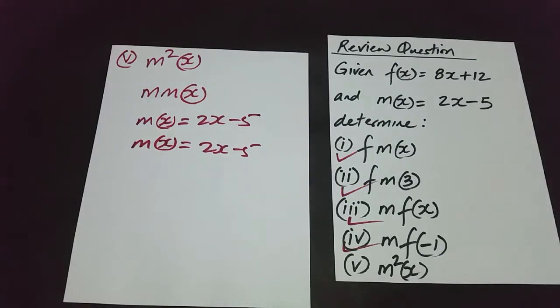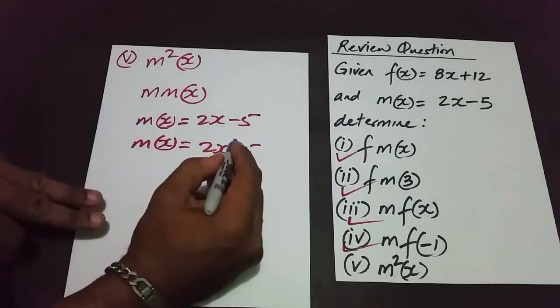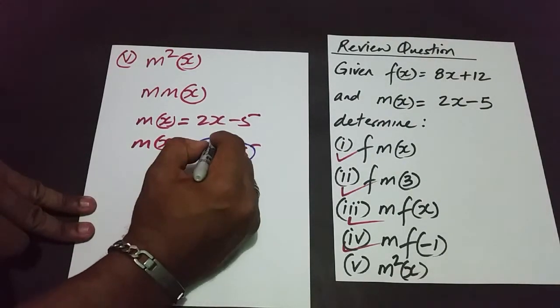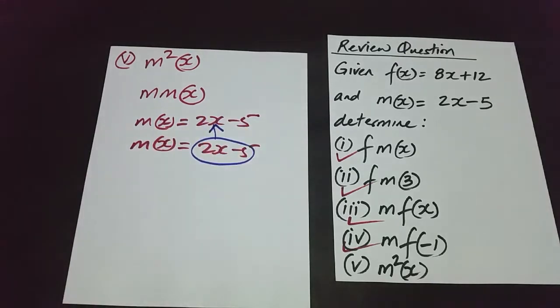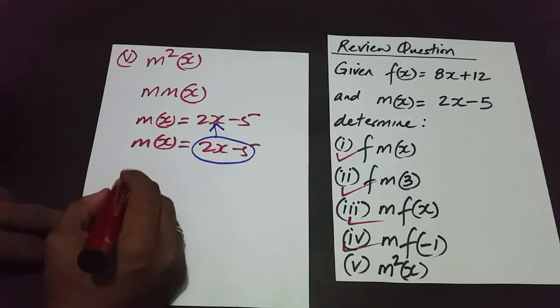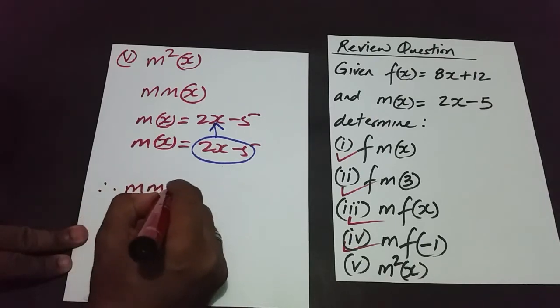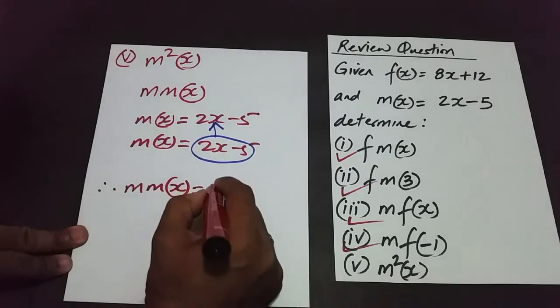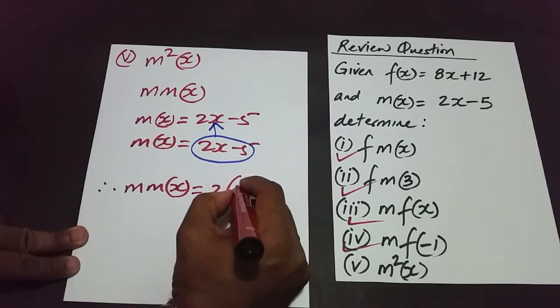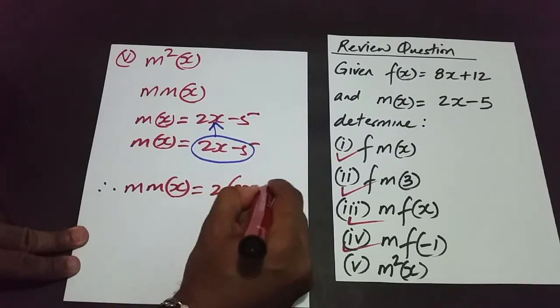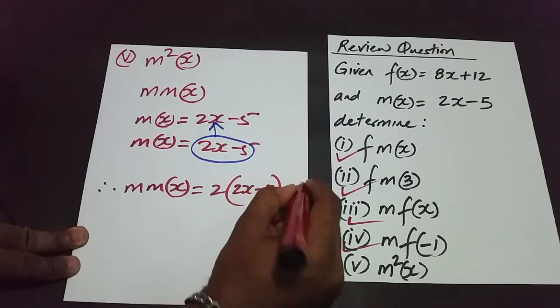And again, the baby kangaroo is going to jump wherever x is, and that means, therefore, m of m of x is equal to 2, open bracket, 2x minus 5, minus 5.